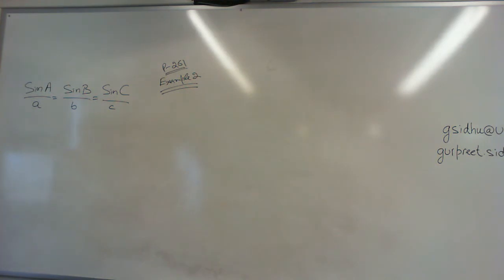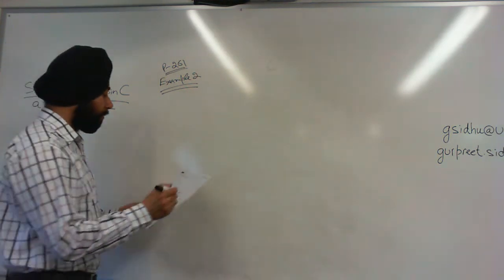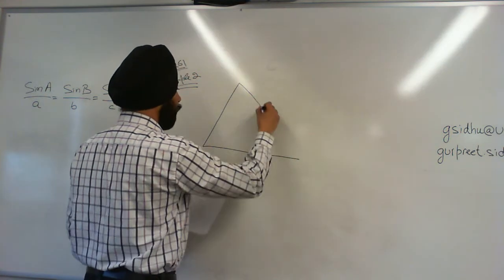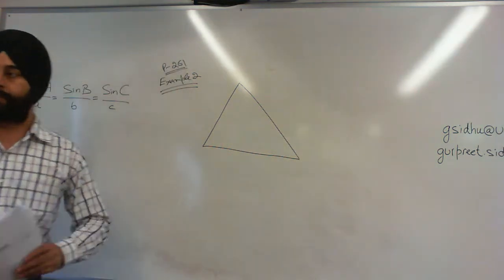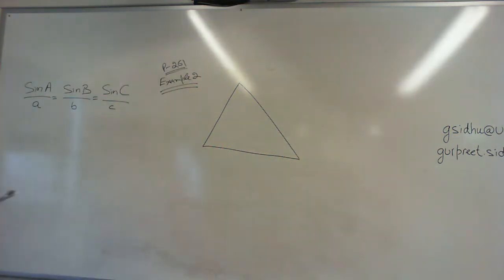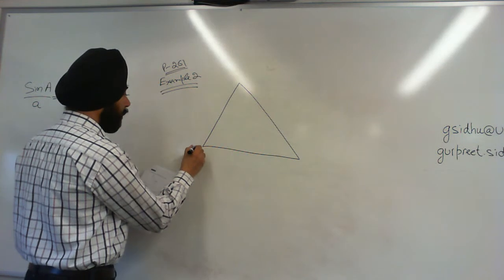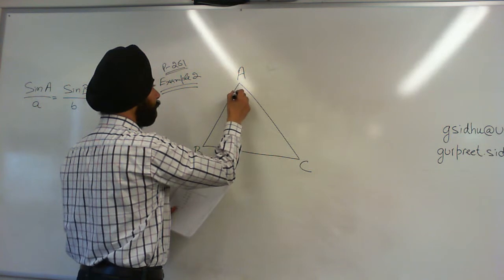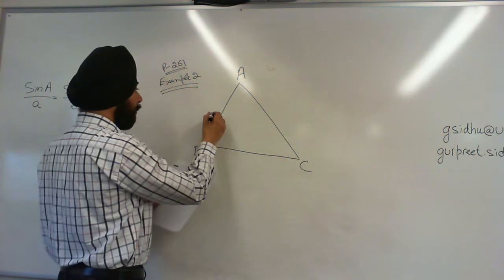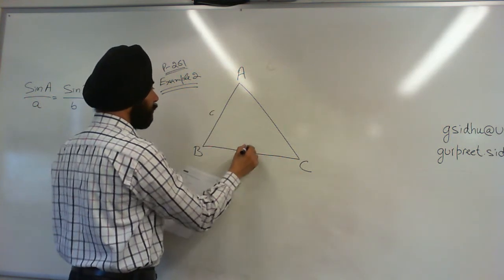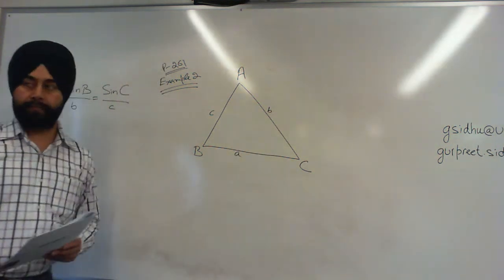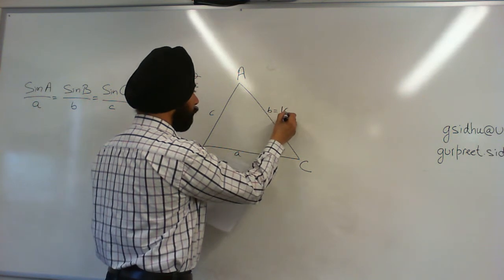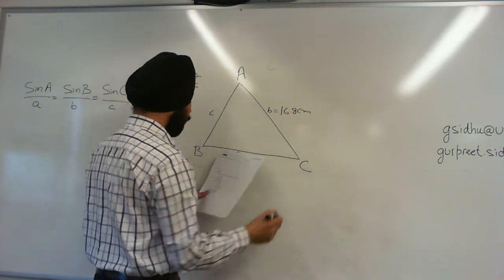Use the sine law to calculate the length of side a. And this is the triangle that is given. You can see this is not a right angle triangle because no angle is 90 degrees. This angle is given as B, this angle is C, this angle is A. And the side is, this is c, this is a, this is b. Side length b is given, this one is 16.8 centimeters.